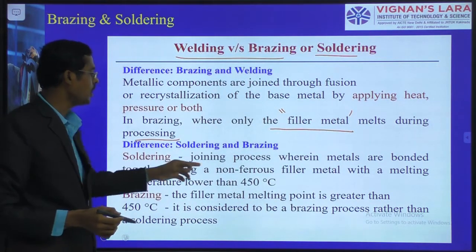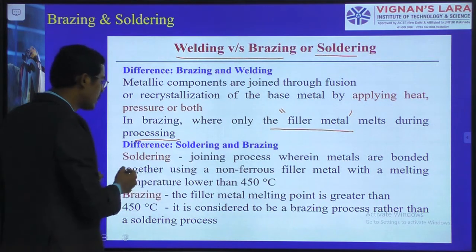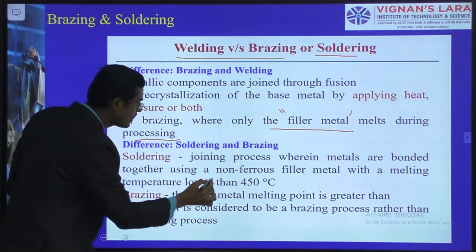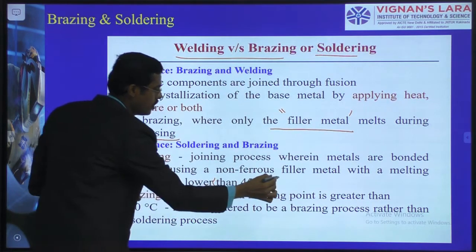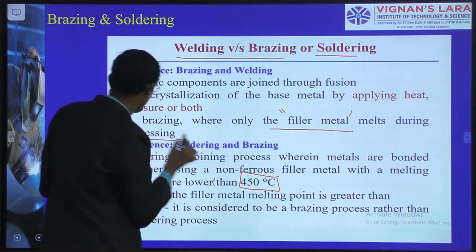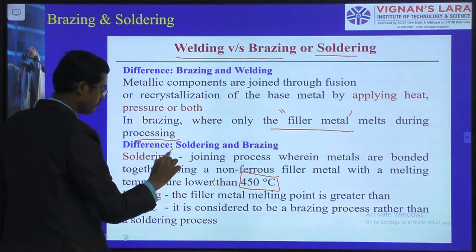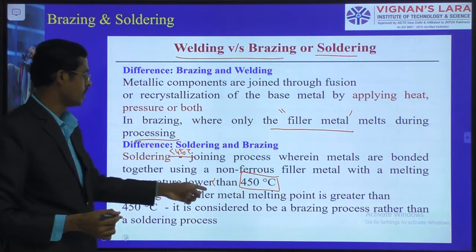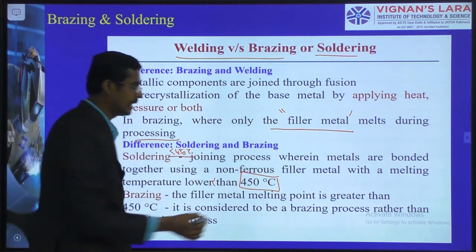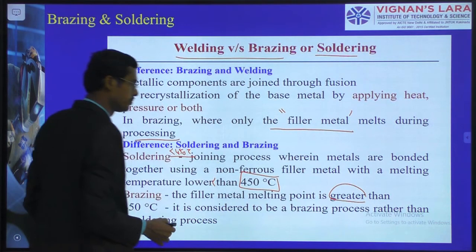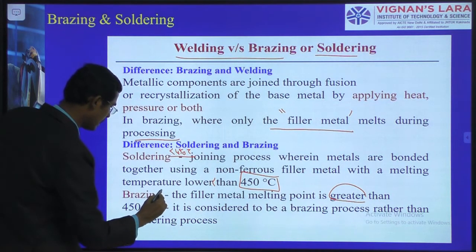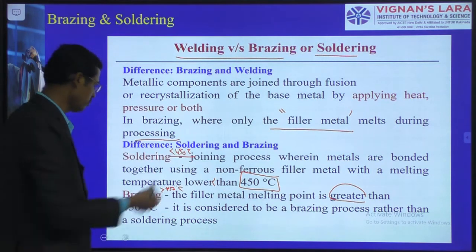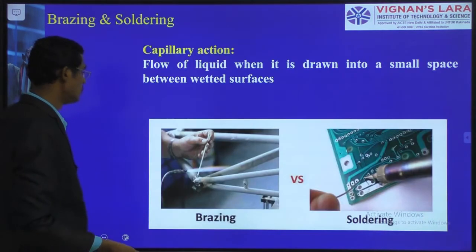Soldering is a joining process where the metals are bonded together using a non-ferrous filler wire with a melting point lower than 450 degrees centigrade. Brazing uses a filler metal melting at a point greater than 450 degrees centigrade.